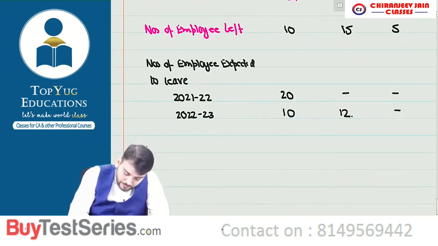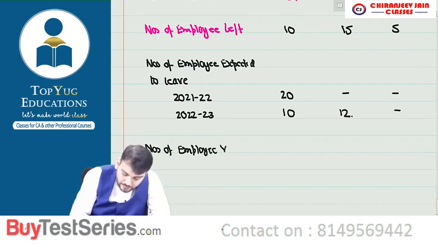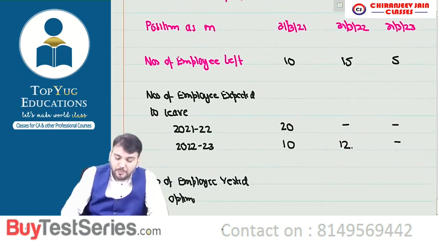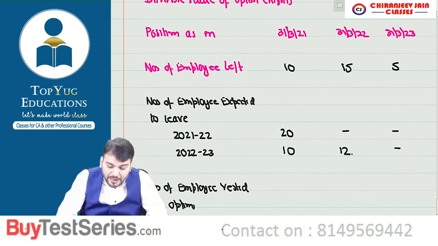देखो, number of employee vested the option. How many employee? तो कहने से 100 minus 10 minus 15 minus 5.